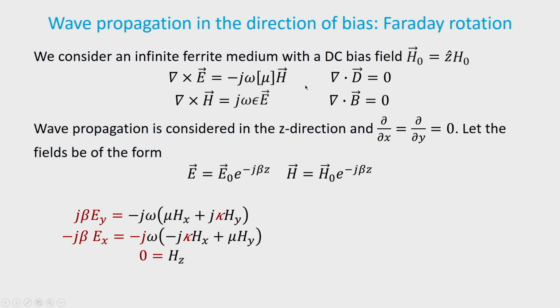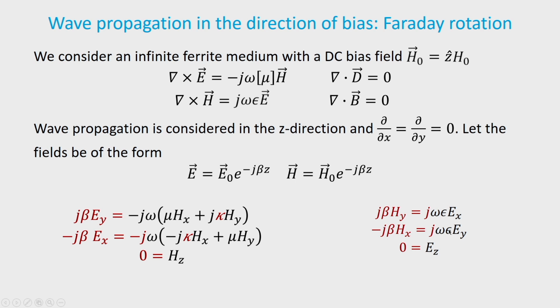This will come from this term, and once we write the field components separately, we get these three equations. Similarly, from curl H equal to j omega epsilon E, we will get this set of equations.